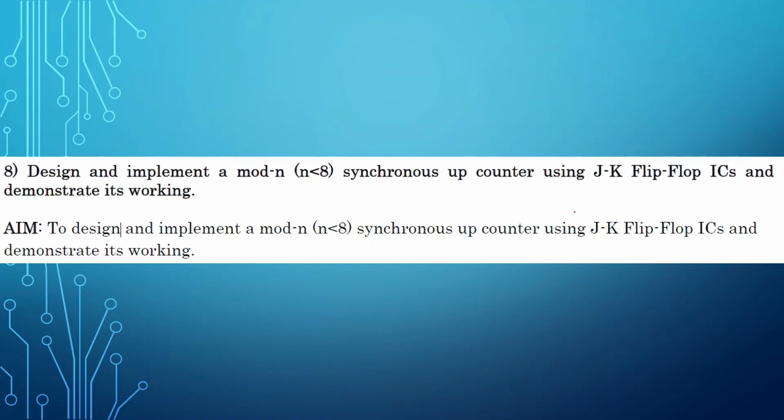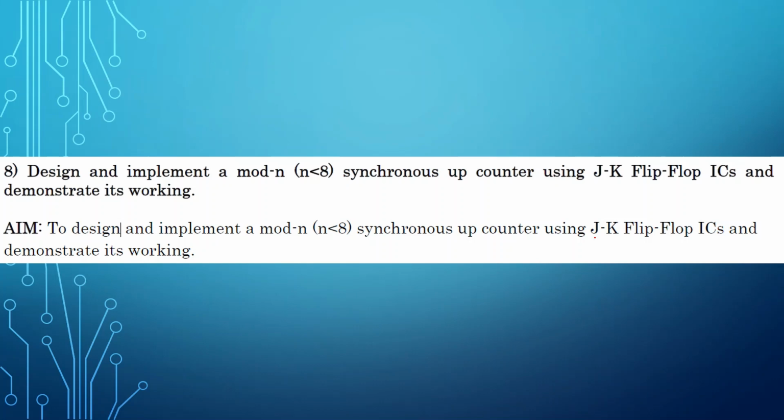The reason why we go with the design of a counter using JK flip-flop is that in the case of an SR flip-flop, when both the inputs are 1 and 1, the output is undefined, or there is no definite value for the output. So in order to overcome that, we'll be using the JK flip-flop.